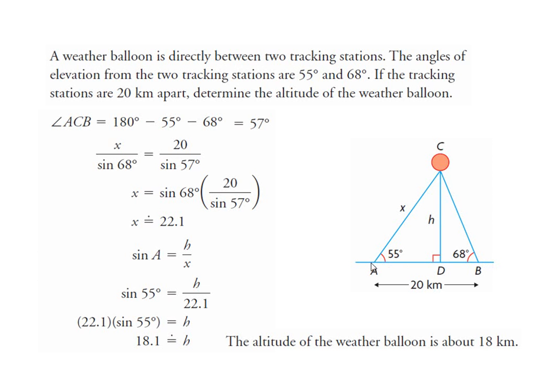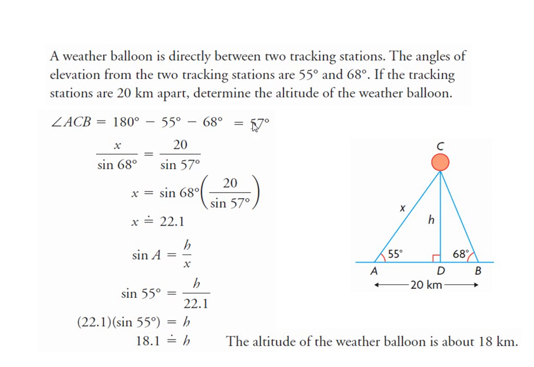You find two tracking stations and you name them A and B. And the balloon is of course in the sky, so it is above the ground, and it is between the two tracking stations. So it is between these two tracking stations, and then you name this point. This point is named C. So A, B, C make a triangle.